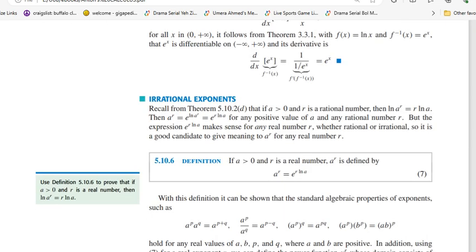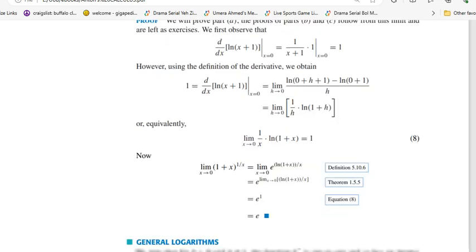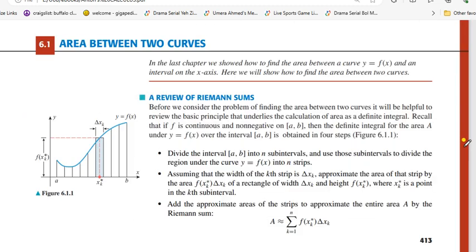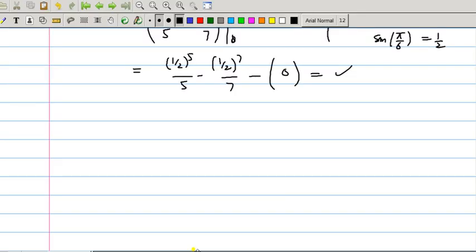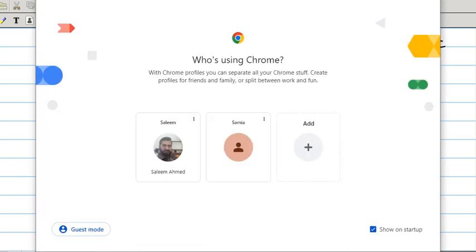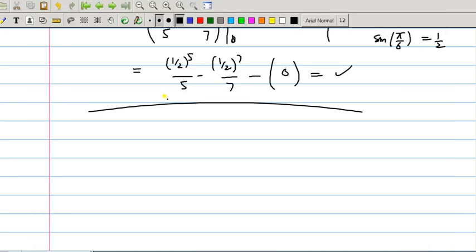So this is from chapter 5. These are the things that we will need in chapter 7. We have it in calculus 1. So in 5.1 and 5.2, both give me the area under the curve.